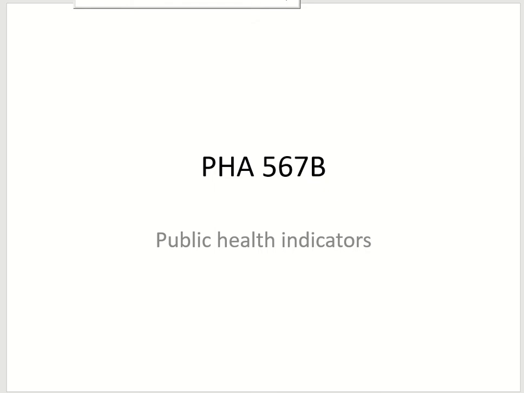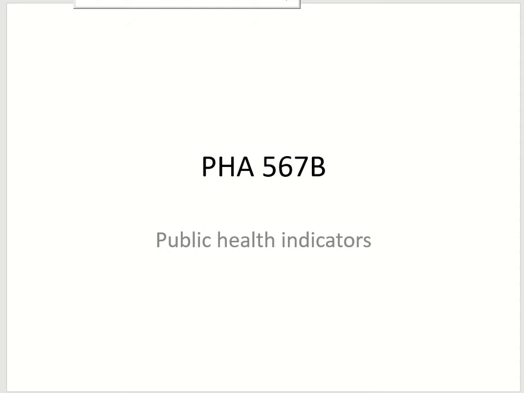Previously, in the previous lecture, we talked about the meaning of public health and how public health is a bit different from other clinical sciences. I think the major point we made was that public health addresses the community at large rather than a single person.